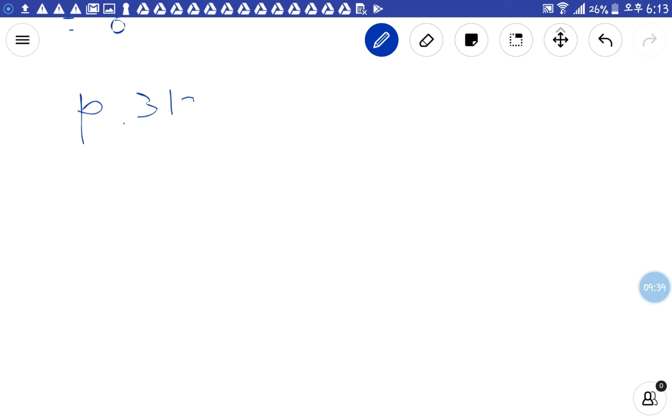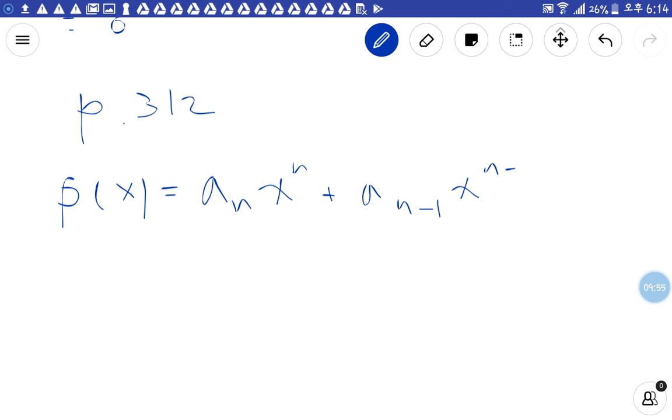All right, so the given polynomial p of x would be this: a_n x to the nth power plus a_(n-1) x to the (n-1) power, and then just keep going to a_1 x plus a_0. That's our p of x.